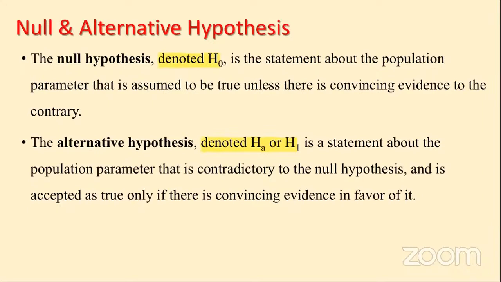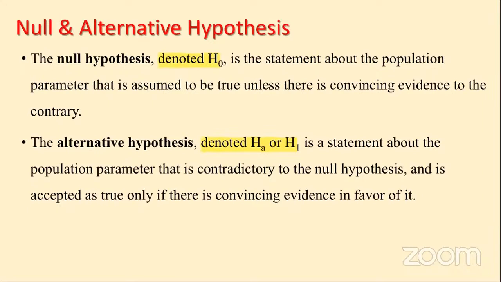And if we talk about the alternative hypothesis, it is a statement about the population parameter that is contrary to the null hypothesis. So the alternative hypothesis is always contrary, or opposite, to the null hypothesis.